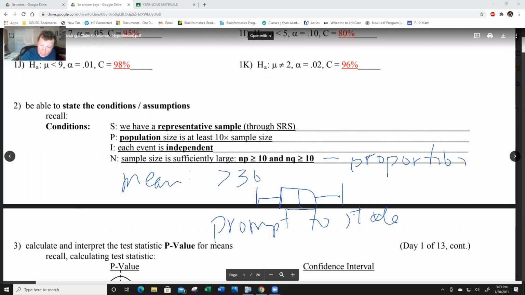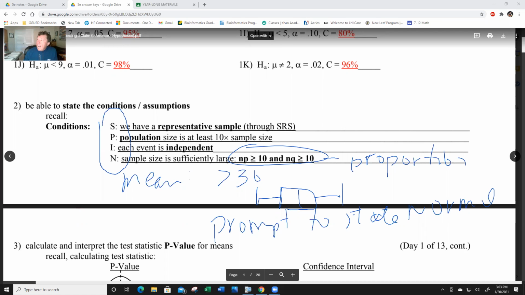One of those things has to happen. So for the mean, there are 3 ways to prove normality. Greater than 30. The box plot's approximately normal. If you have the data, draw it out. The prompt states it's normal. For a proportion, we have one choice. That's it. We did this in chapter 8 and touched on it in 7, so we're good to go.